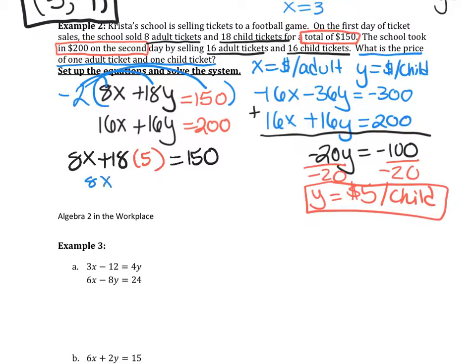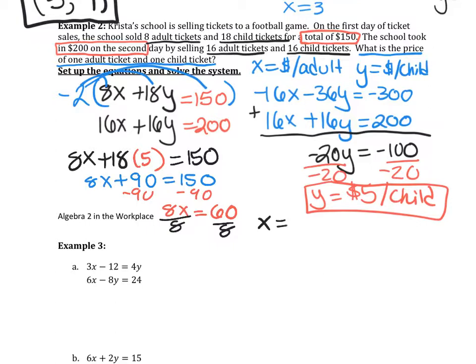Then I get 8x plus 90, minus 90 from both sides. I get 8x equals 60. Divide both sides by 8. I get x to equal what? 7.5.